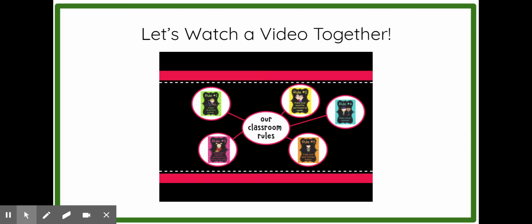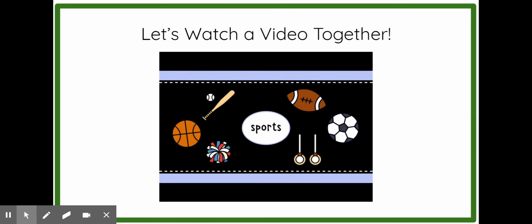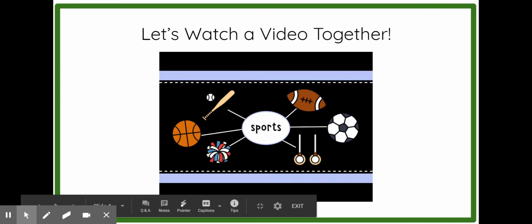For example, rule number 2, raise your hand for permission to speak. All of these key details help tell us more about the main topic. Another example would be a book that's all about sports. So the main topic of the book would be sports. And then the key details would be all types of different sports like cheerleading, soccer, baseball, gymnastics.